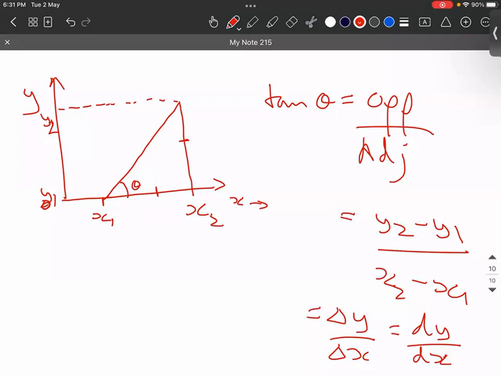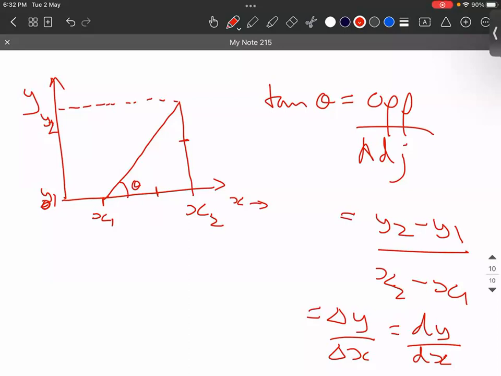This is called the slope. dy by dx is also differentiation. Are you guys familiar with differentiation? You completed it, no? Okay, fine, don't worry about it.